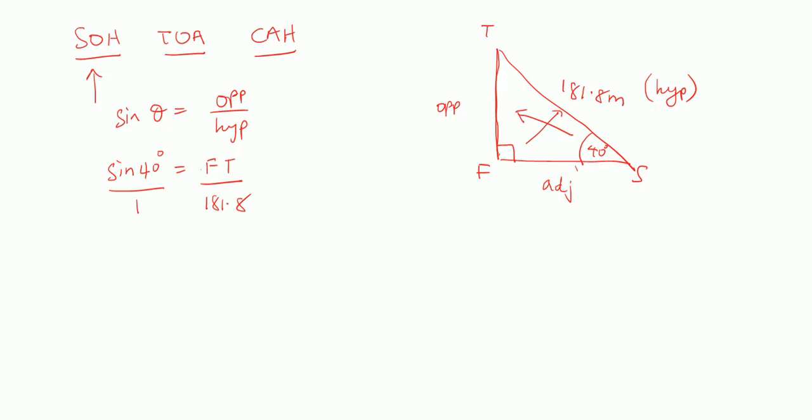Put this over 1 and we cross multiply. So therefore FT is equal to 181.8 multiplied by sine 40 degrees.